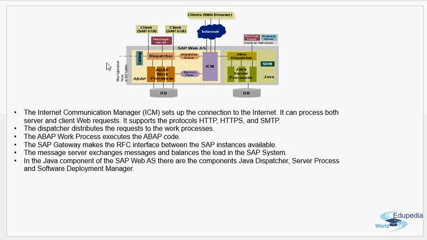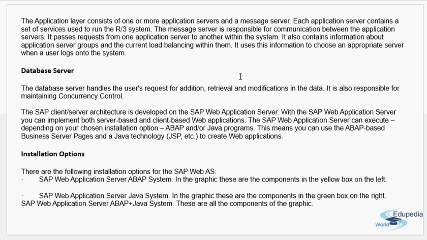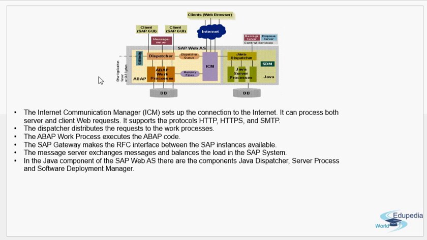You can have n number of servers, but you have only one message server. This message server is responsible for communication between the application servers, and it also does load balancing. Whenever a user logs on, here in this picture I'm showing only one system, but you can have multiple servers.